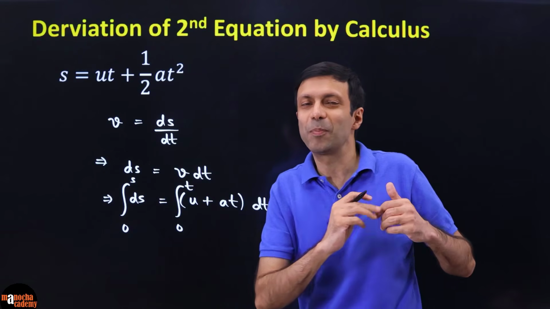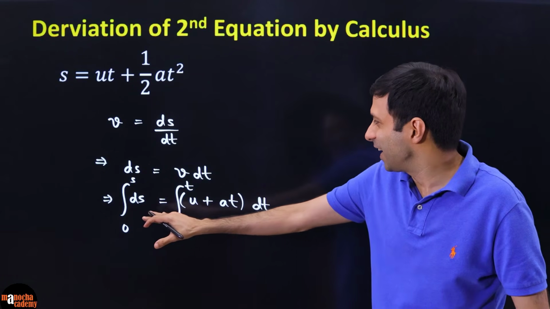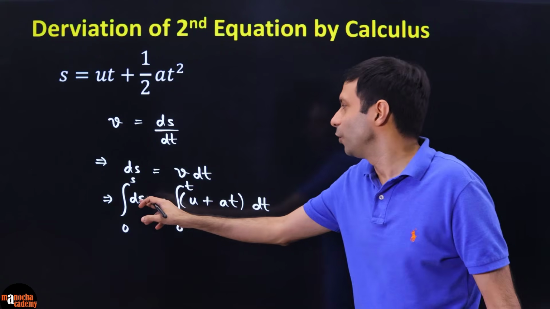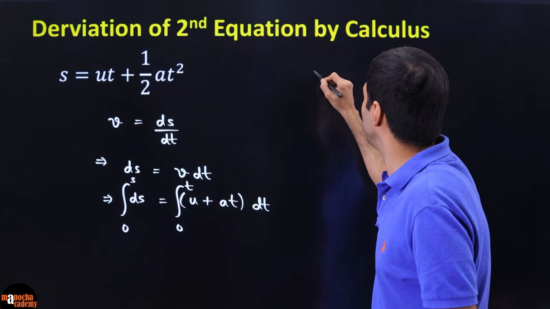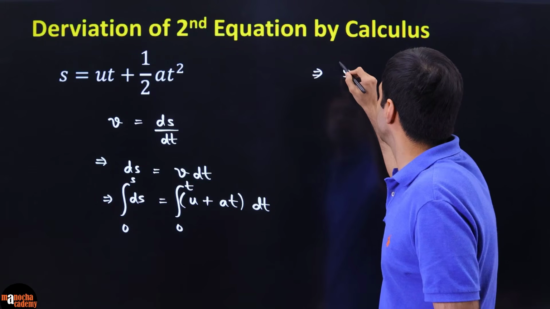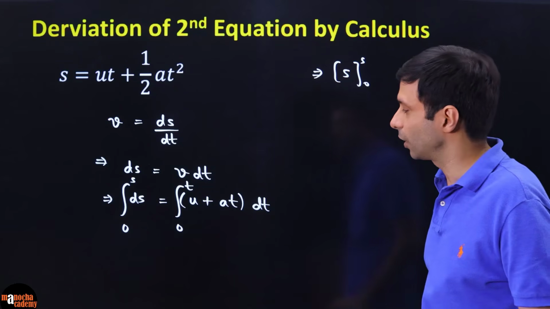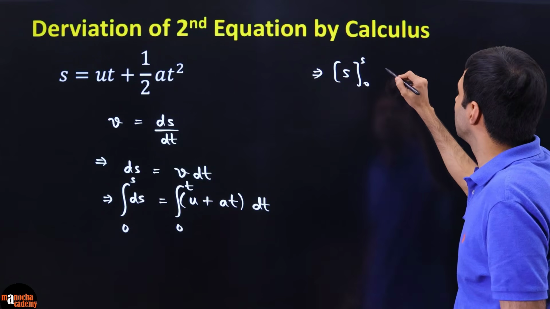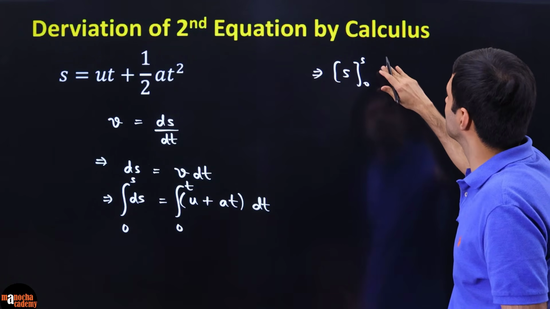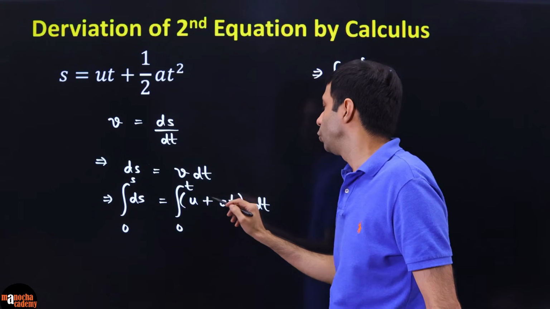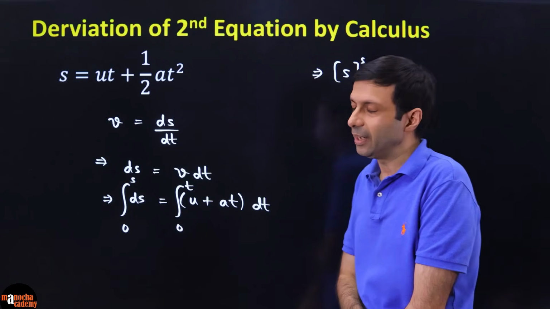So once again, go and apply your calculus fundas and do this integration. So what will you get here? If you integrate ds on the left hand side, we'll get s with the limits s and 0. Okay, and what do we get on the right hand side when we are integrating this? We will get, this expression is u plus at times dt.